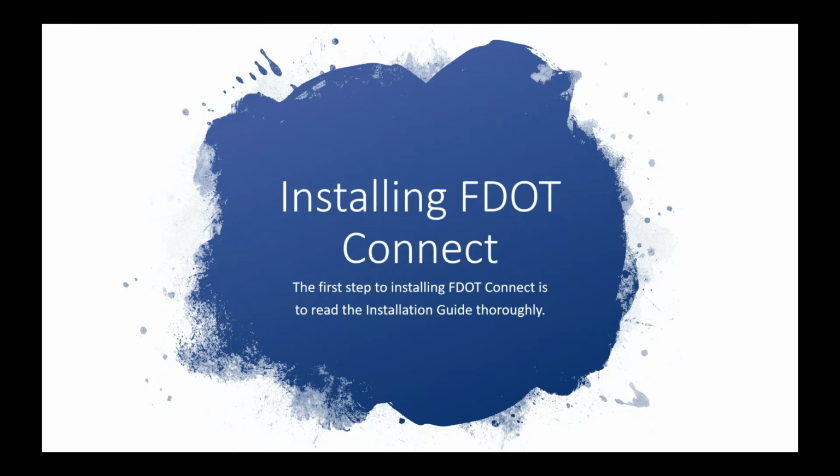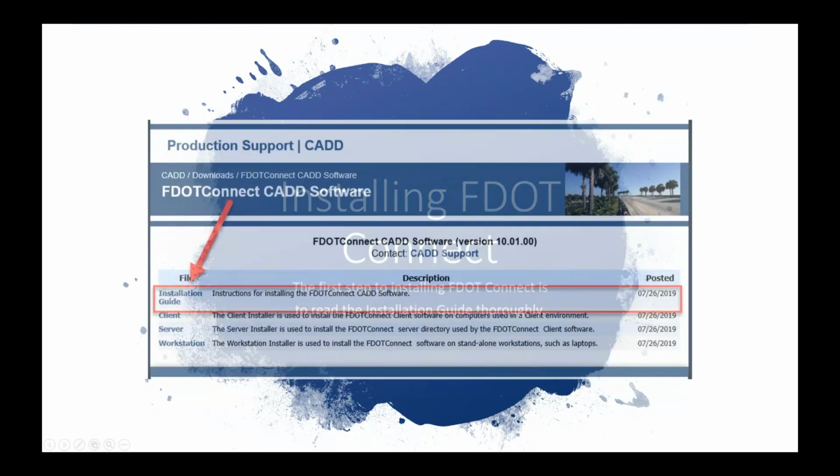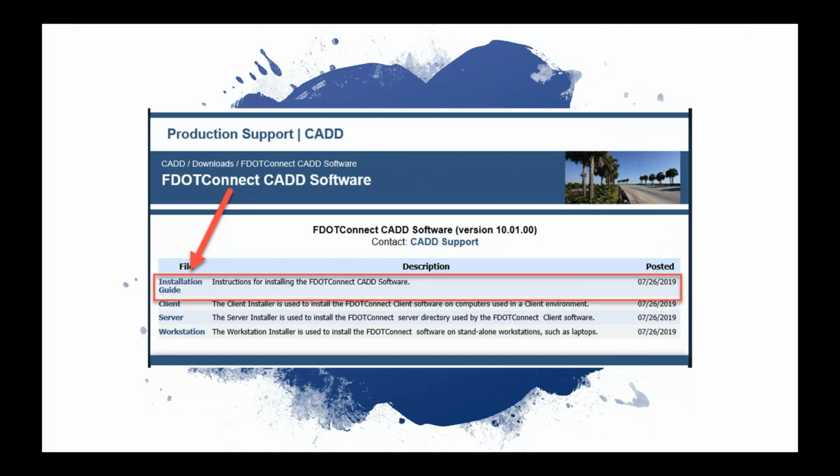Before taking any additional steps, read the installation guide. You can see the installation guide is located on the same page from which you can download FDOT Connect. Here above the client server workstation installations, there's an installation guide. Please read that. I spent a lot of time writing that, and it's a good read, very informative.